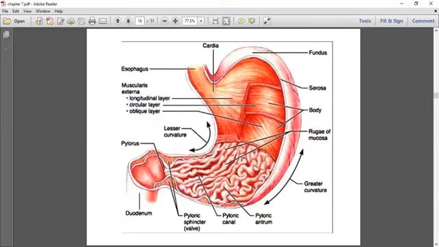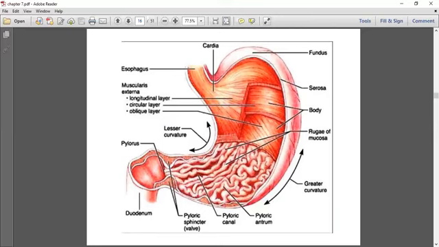The junction between the esophagus and the stomach, the pyloric region, the fundus, the body. Again please, the junction between the esophagus and the stomach, the cardia region, called cardia because this part of the stomach is very close to the heart.